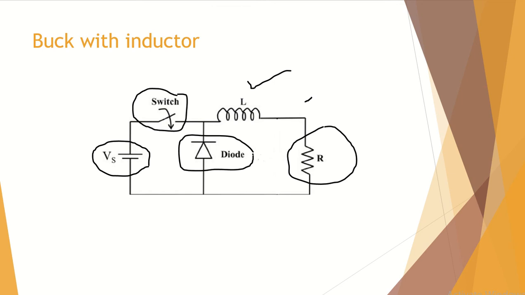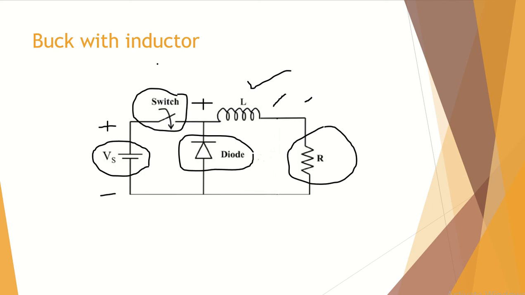So now we will see the working of this circuit. When the switch is closed, we have positive over here, negative over here. Due to this positive, the diode will be reverse biased and current will start building across the inductor and the voltage will appear across the load.